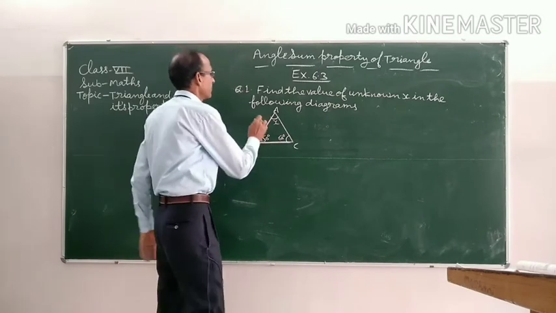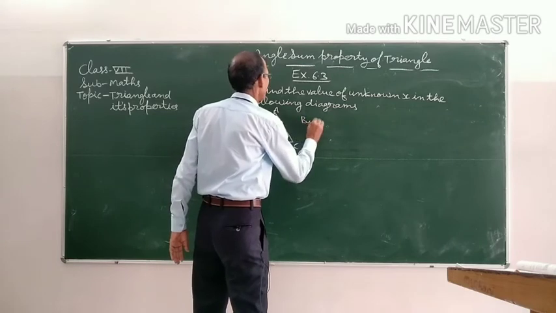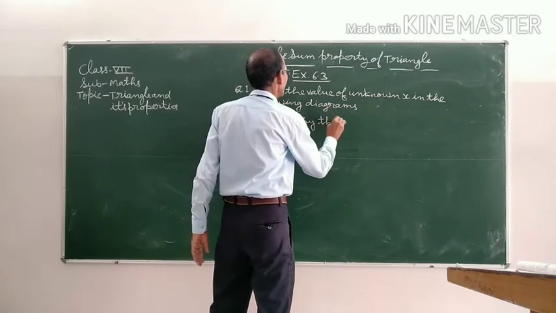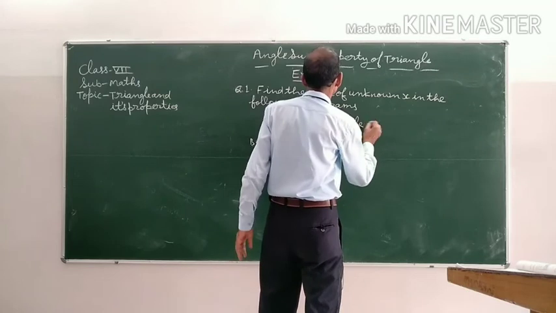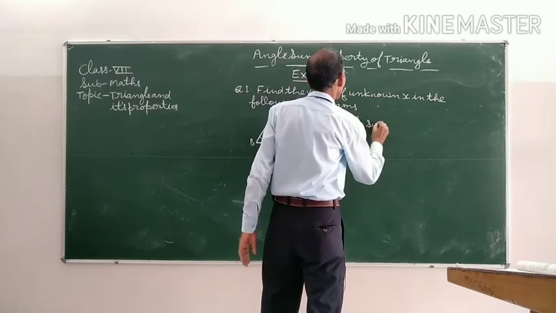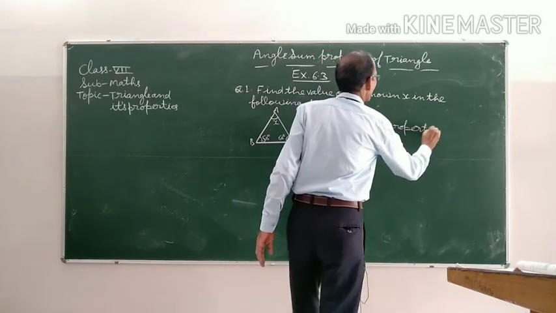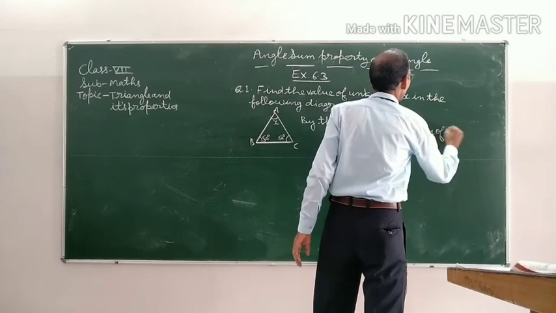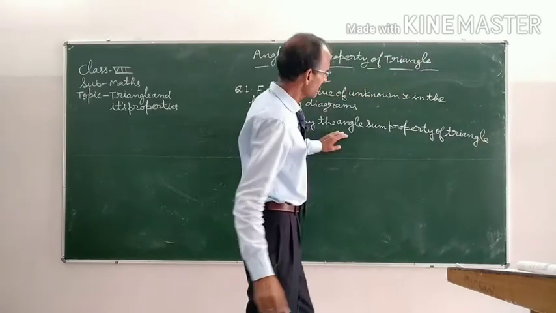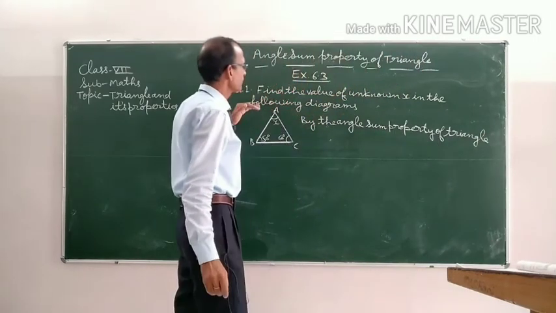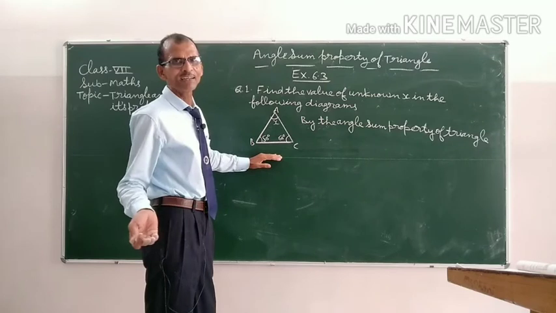Okay? So by the angle sum property of triangle, we have just proved that sum of all the three angles of a triangle is 180 degree.